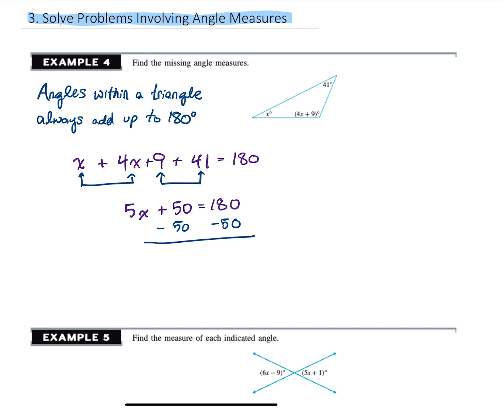So 5x, 180 minus 50 is 130. So 5x equals 130. And then I'll divide by 5 on both sides. So it'll cancel here. 130 divided by 5 is 26.